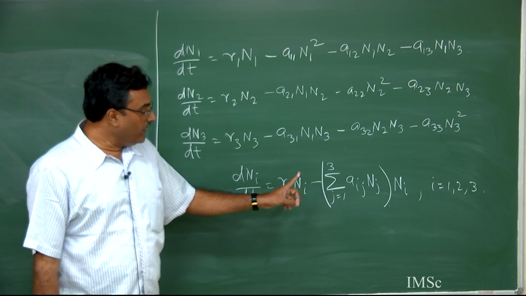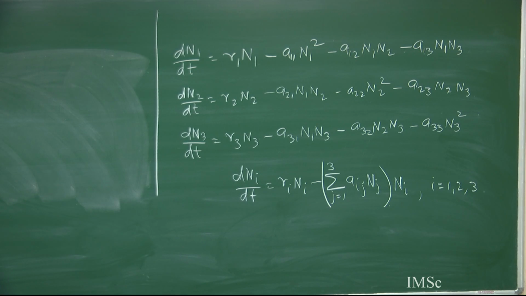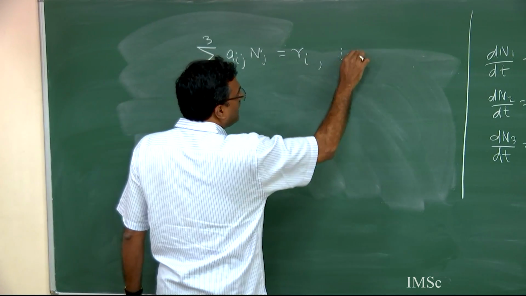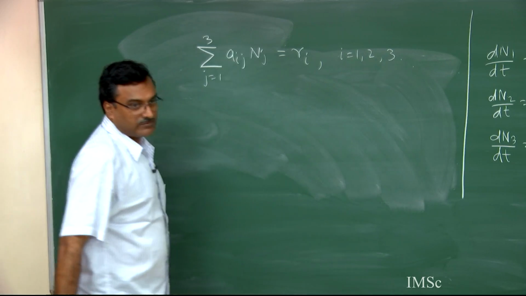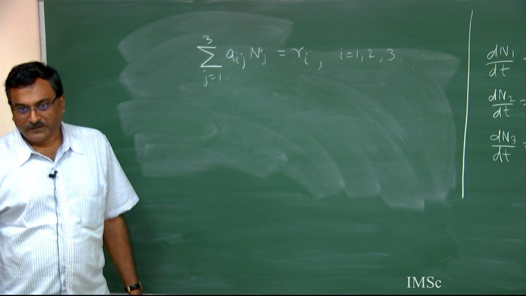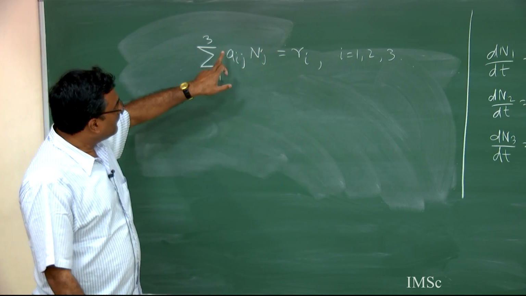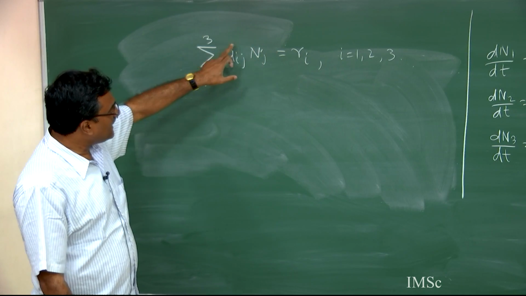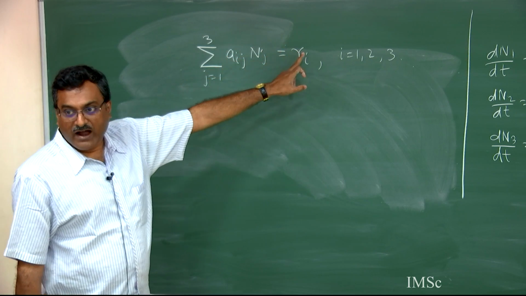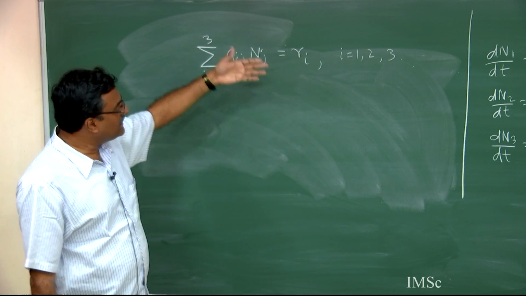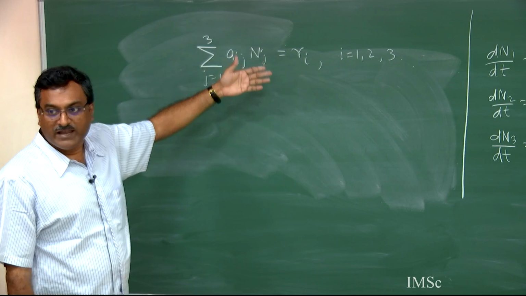So we need to solve these 3 equations simultaneously: the sum of aij nj, j running from 1 to 3, equals ri for i equal to 1, 2, 3, right? Depending upon the magnitudes of aij and ri, this is nothing but a system of 3 linear equations.